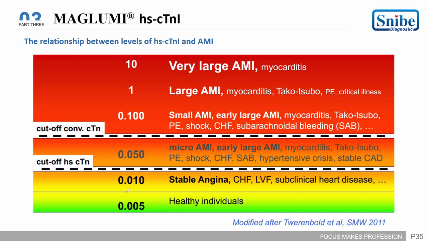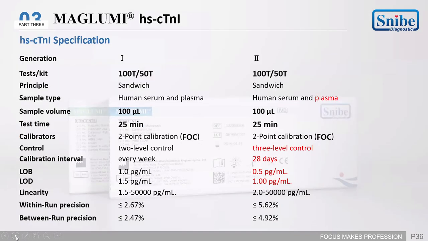The value between 0.010 and 0.005 is a healthy individual, and then stable angina, coronary heart failure, and subclinical heart disease. These are the relationships of high sensitive troponin I versus the acute myocardial infarction.